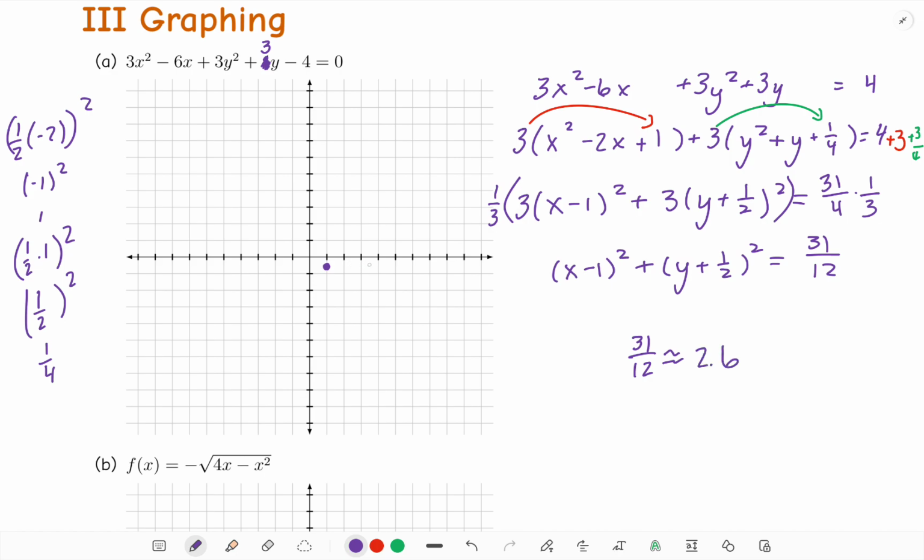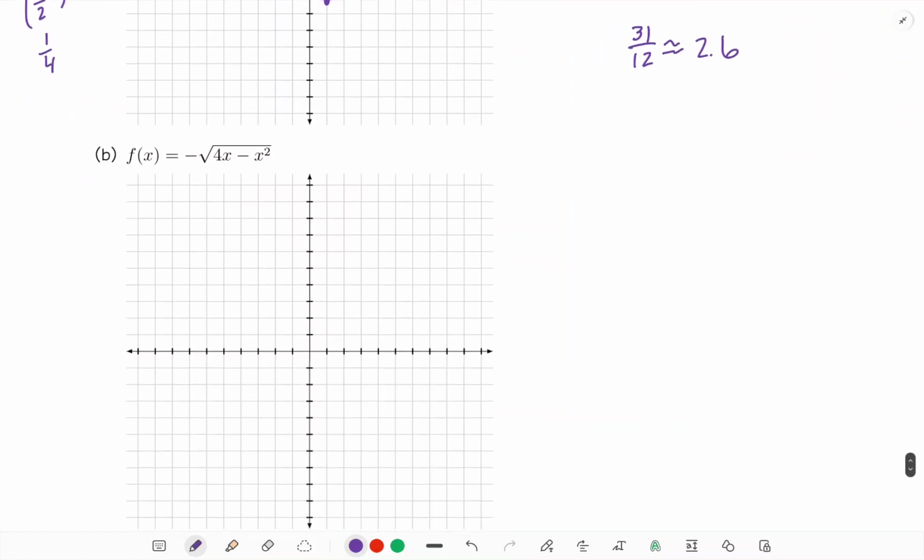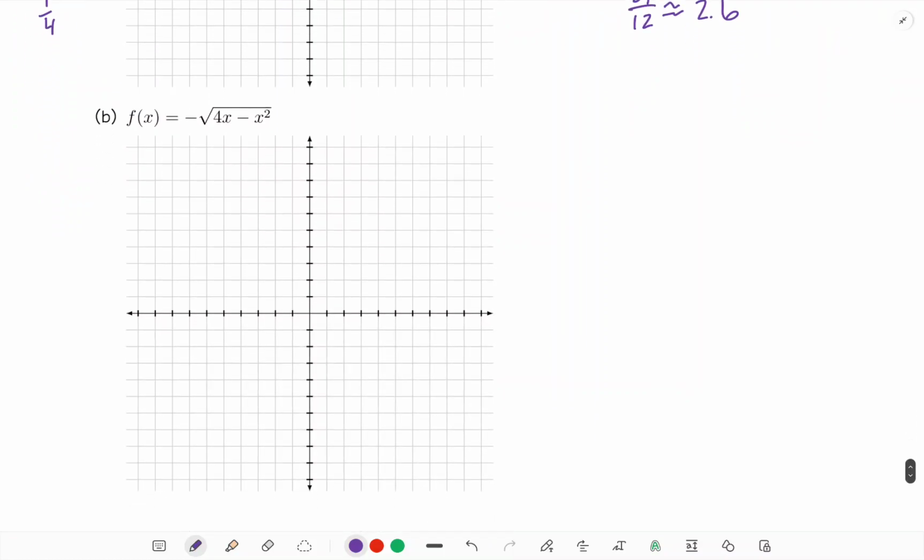So I go 1, 2.6, 0.5, 1, 2.1, 0.5, 1, 2.1, 1, 2.6. And draw a circle. There we go.